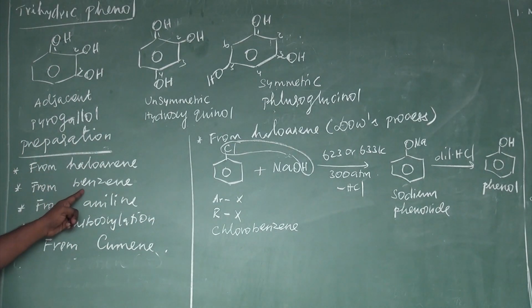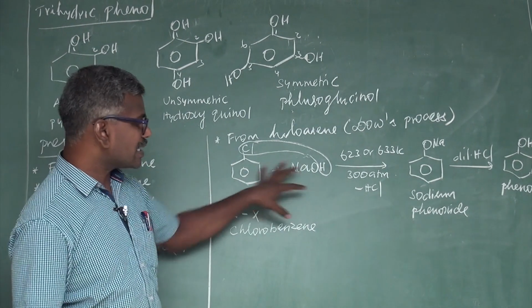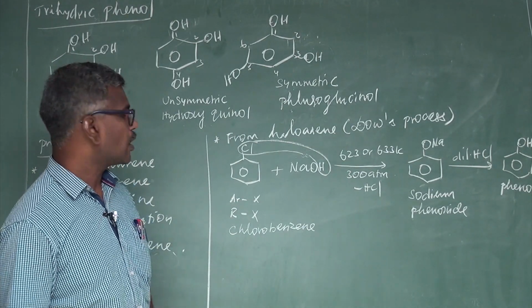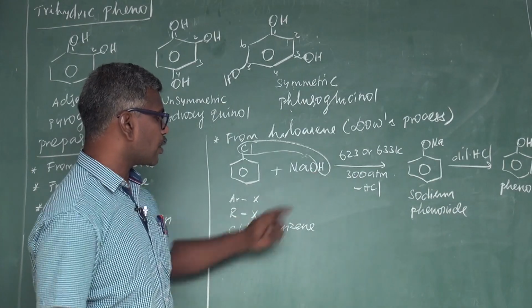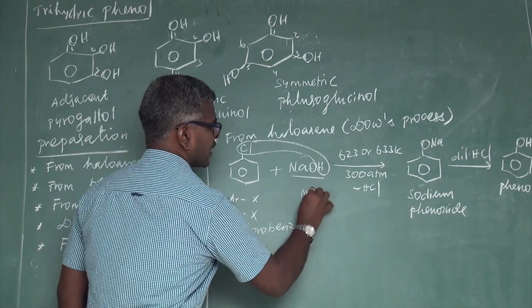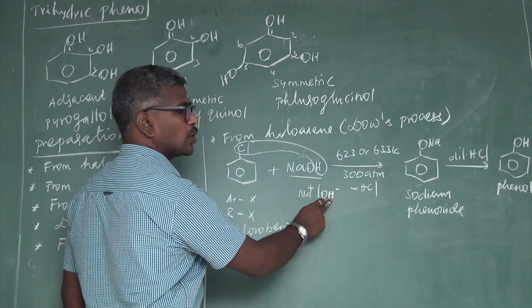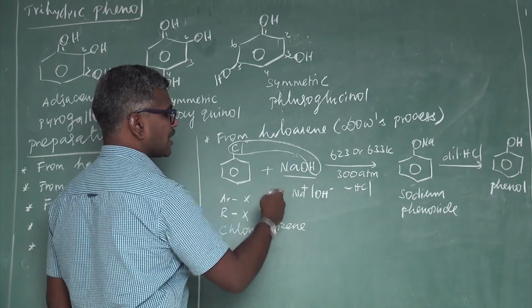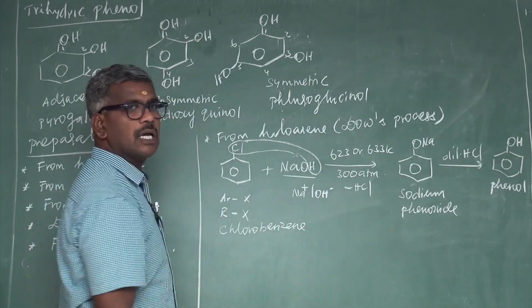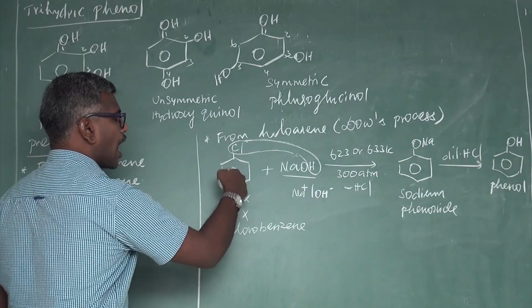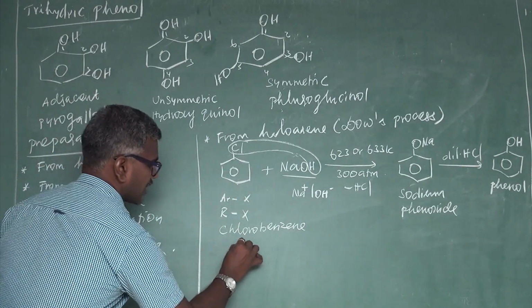The next method is benzene. Here the reaction takes place by nucleophilic substitution. Why? Because NaOH splits into Na plus and OH minus, and OH minus acts as a nucleophile. One group is replaced by another. This is an aromatic nucleophilic substitution reaction.